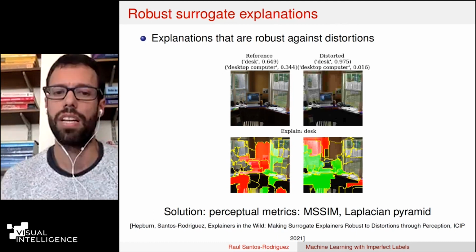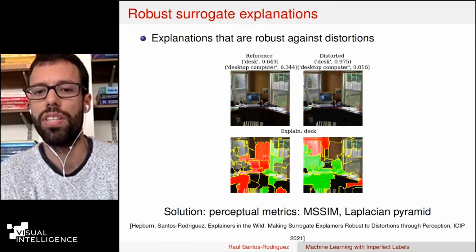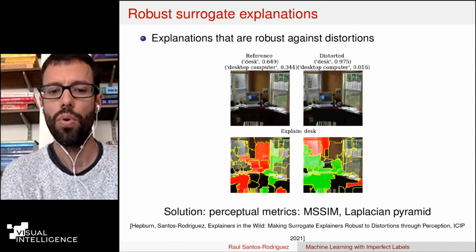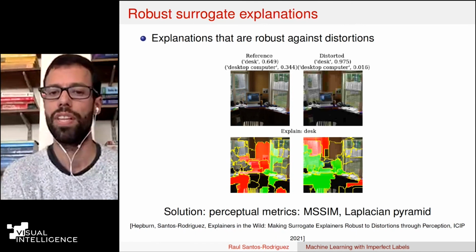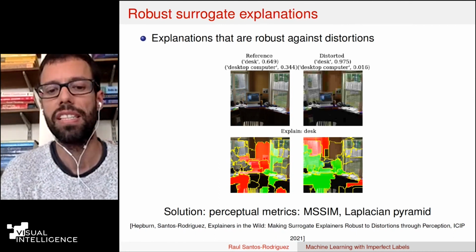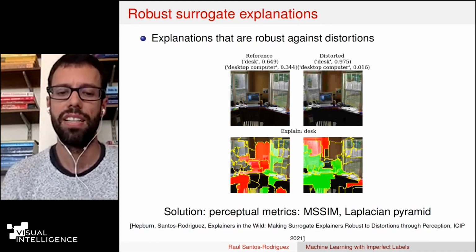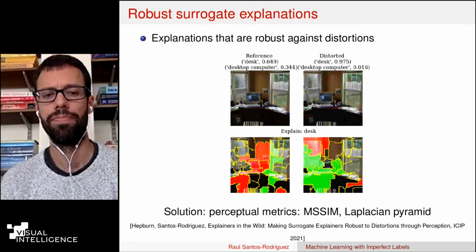So visually, in the examples that I'm showing here, any human should be able to see that the two images are basically the same. However, when using any of the existing explainers, what you get is that the superpixels that are highlighted as being important to explain that that's a desk, they change dramatically.